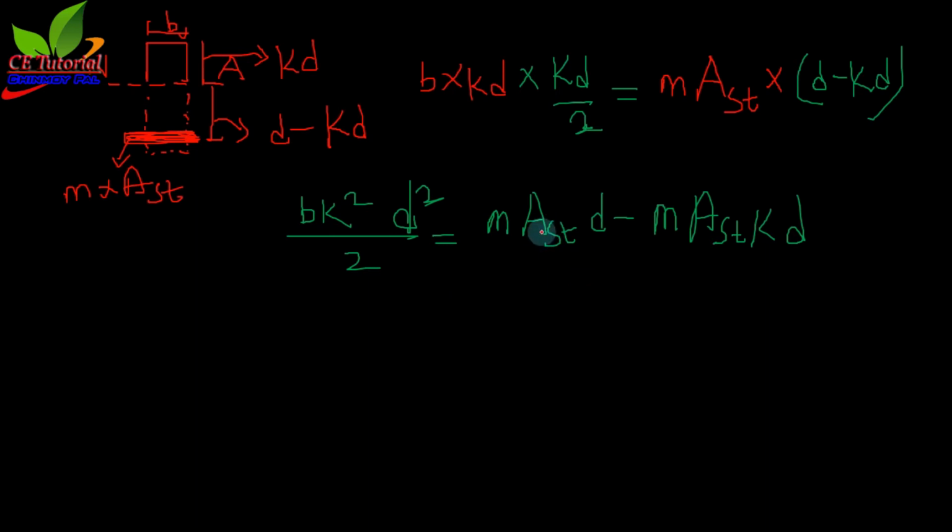Now I have to change the AST in terms of percentage of steel. So percentage of steel, suppose we are considering B multiplied by D is the total area of the concrete section, the beam section.